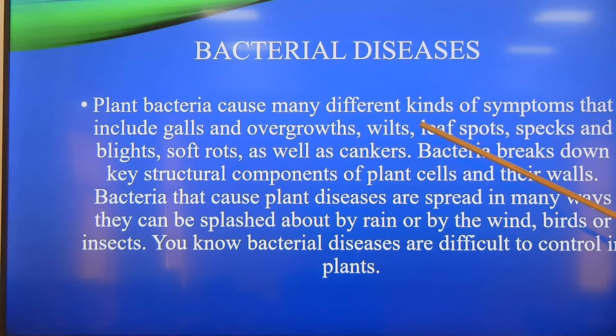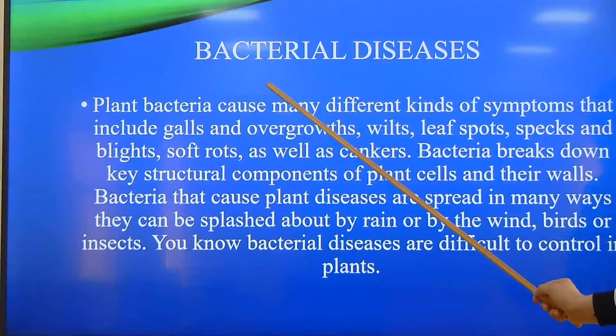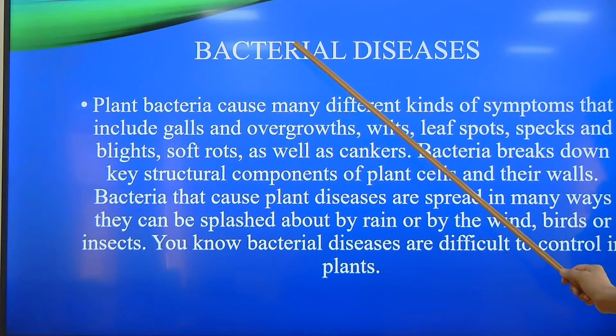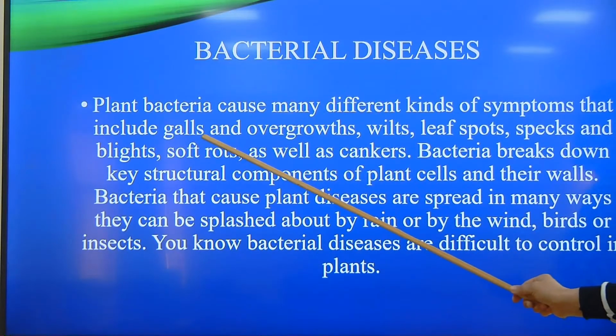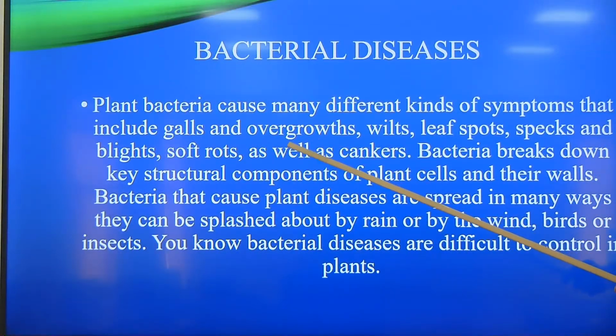Then bacterial diseases. We study bacterial diseases. We can learn today bacterial species, only two types. Plant bacteria cause many different kinds of symptoms that include galls and overgrowth, wilts, leaf spots, specks and blights, soft rots.